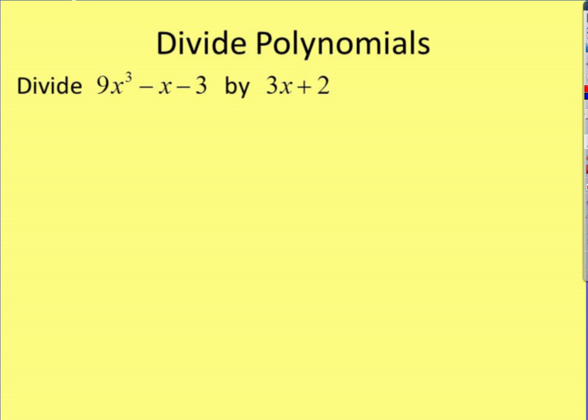Again, to get this into the correct form, we are going to have to divide to get the x by itself. So we would divide everything in this problem by 3.